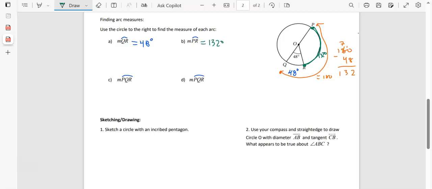What is the measure of arc PQR? PQR. That's a major arc, so it's going to have a measure over 180 degrees. And in this case, it would be 180, which would be the semicircle from P to Q, plus the additional 48 degrees. And so that would be 228 degrees.